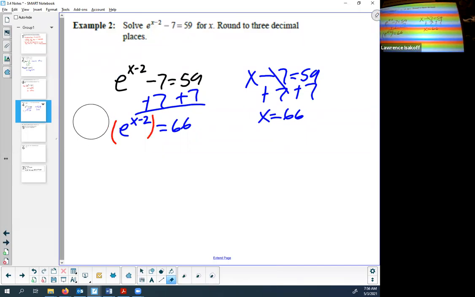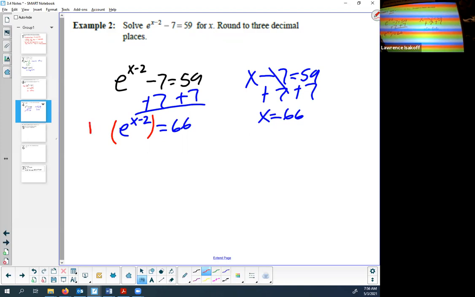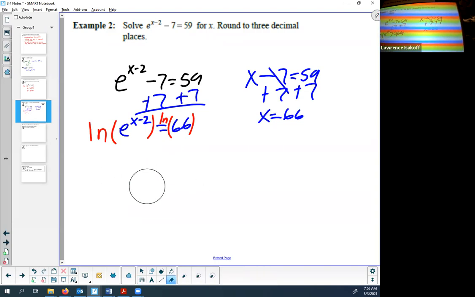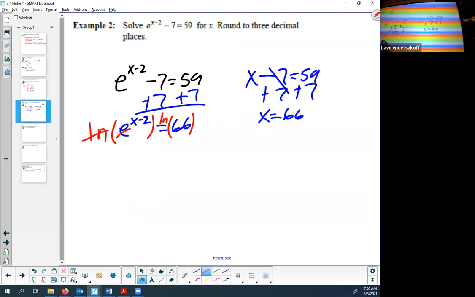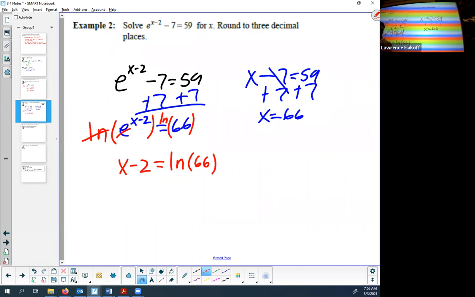So I'm going to say the ln of this, and over here, that's going to be the ln of 66. Oh, sorry, the e and ln cancel out. So that's just x minus 2 is equal to the ln of 66.